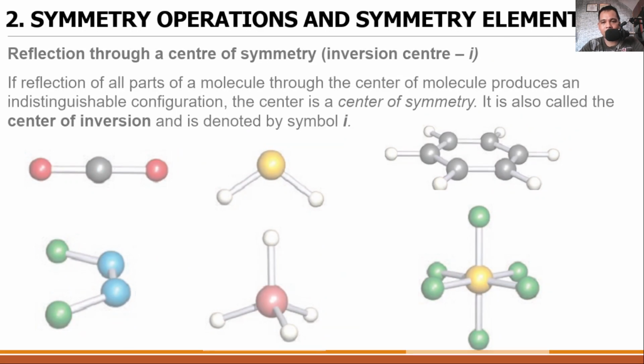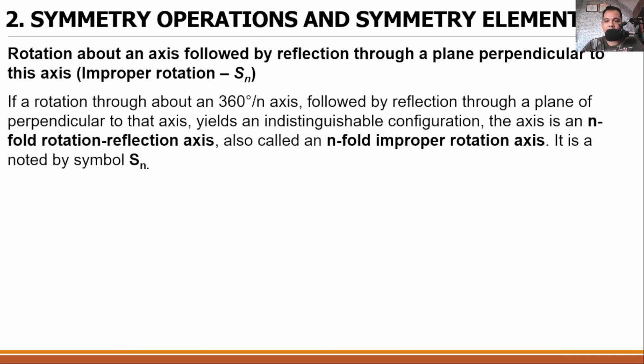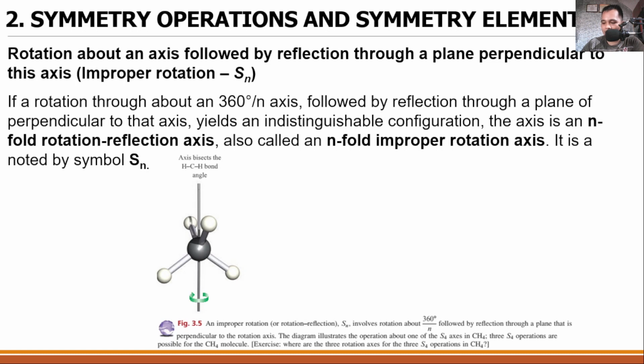And let's go to the improper rotation. The working definition of improper rotation is a principal axis, n-fold rotation followed by reflection. Okay. Rotation followed by reflection. For example, this tetrahedral, the methane.